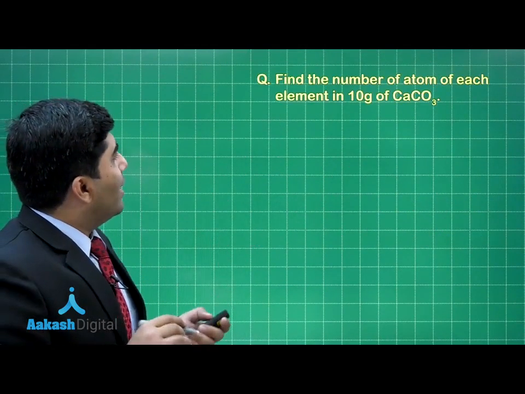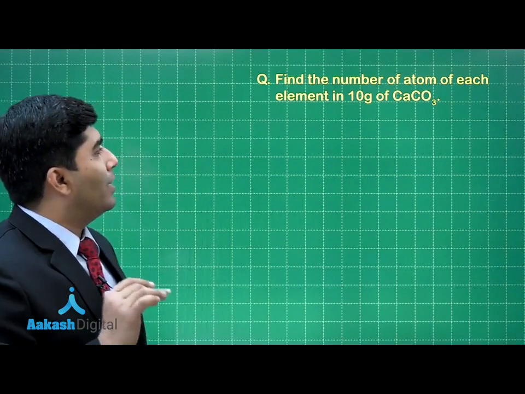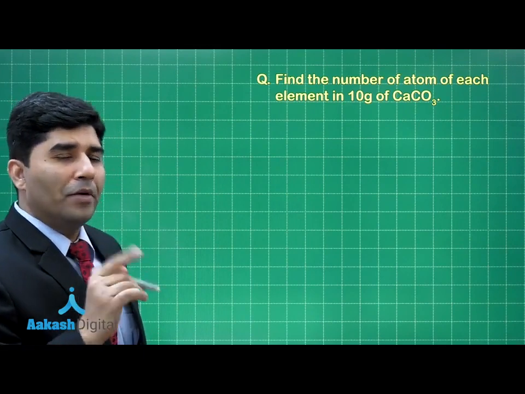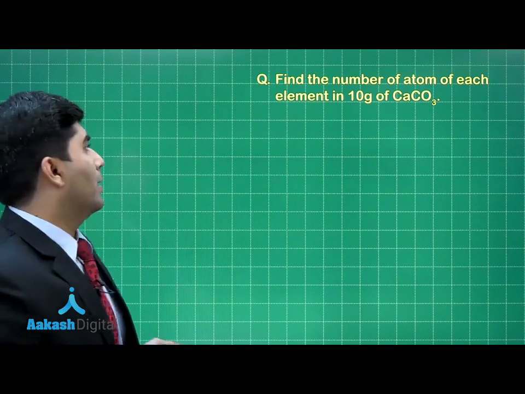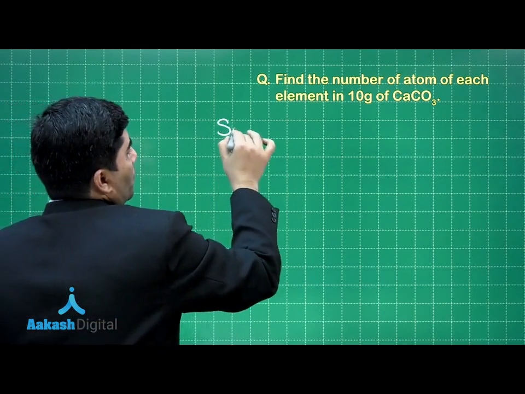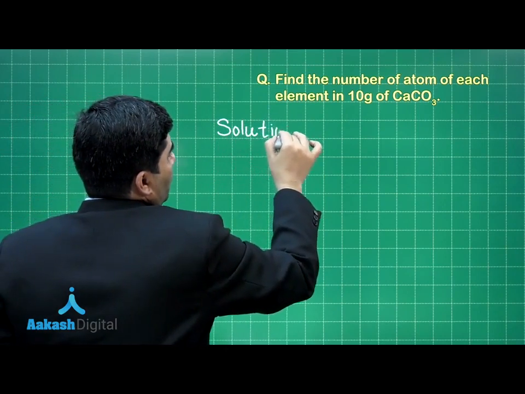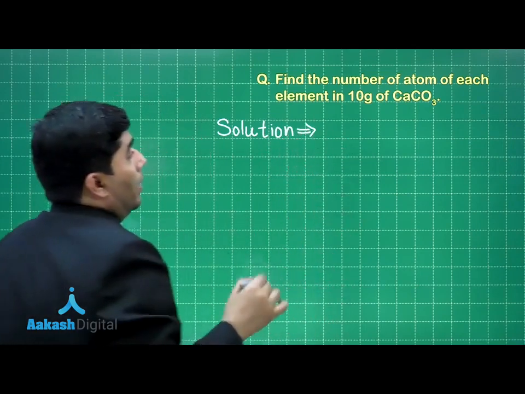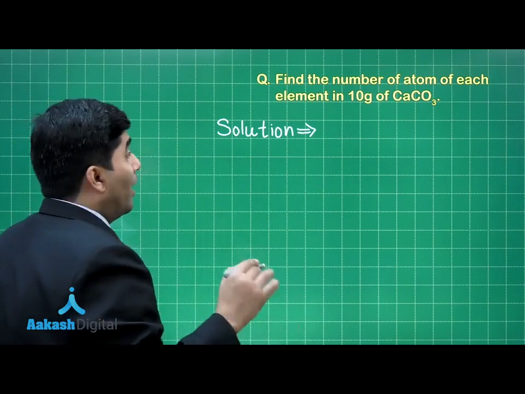Now in this question he is asking, find the number of atoms of each element in 10 gram of calcium carbonate. Now we will solve this question with the alternate method. We will not find out the number of moles. Now the solution will be: if we have 100 gram of calcium carbonate. Why am I doing that?